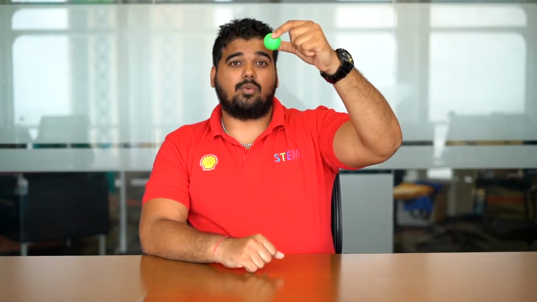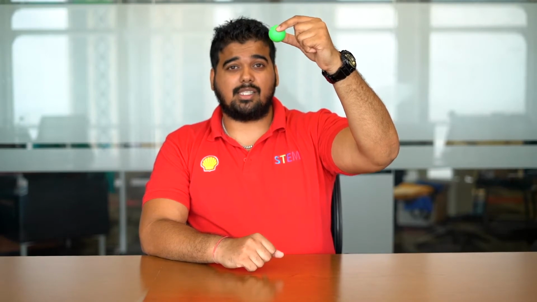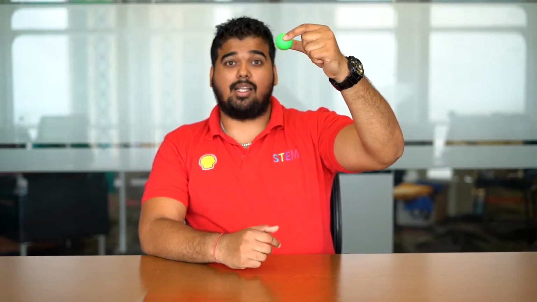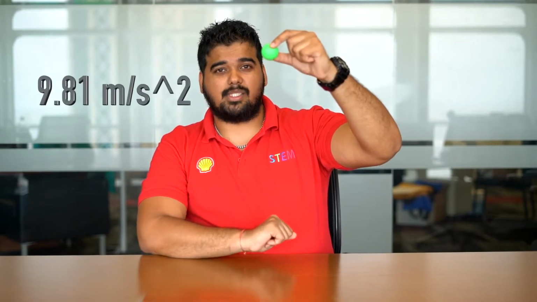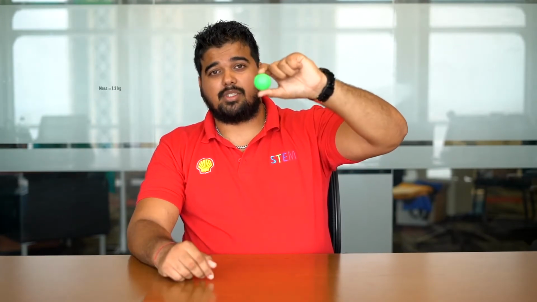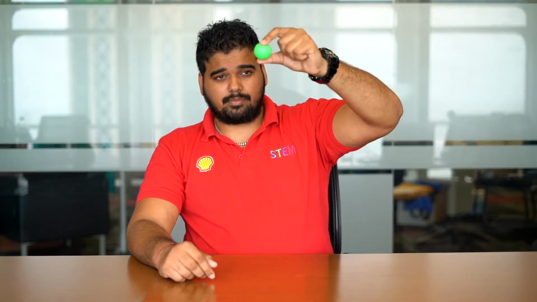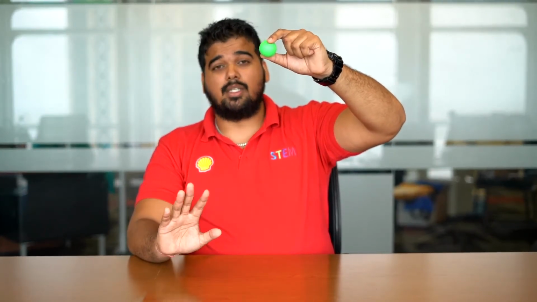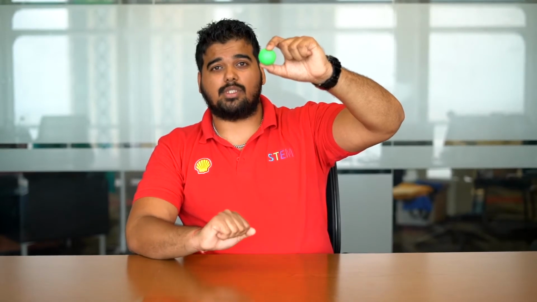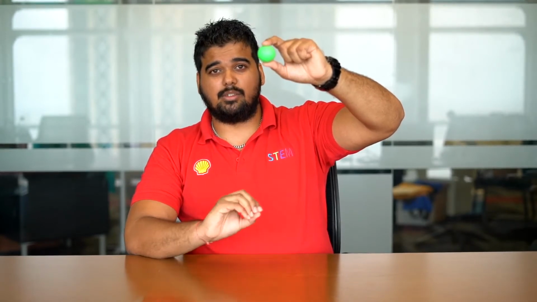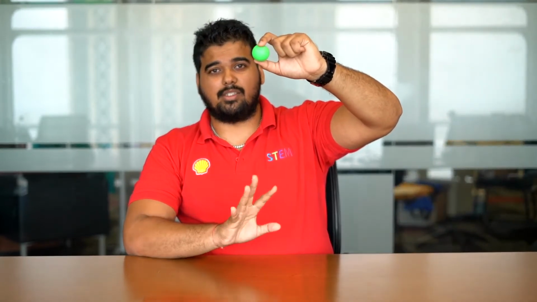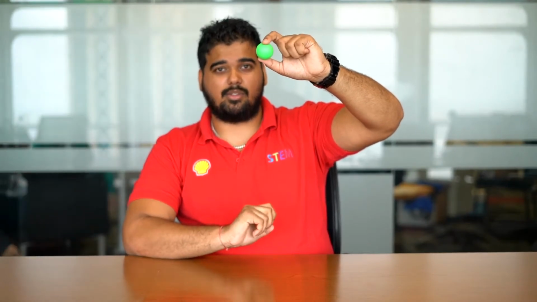So let's say this height, this is above ground, and we all know that gravity is acting on this ball right now, and acceleration due to gravity is 9.81 meters per second squared, and the mass of this ball is 1.2 kilograms. So if I hold this ball here and we assume that there are no external forces acting on this ball, okay? Zero external forces, no air resistance, nothing else is acting on this ball.